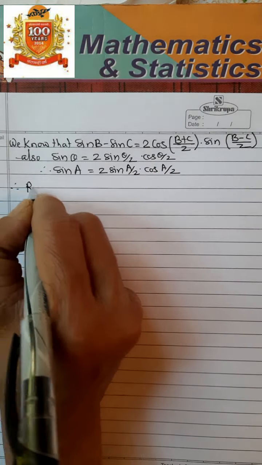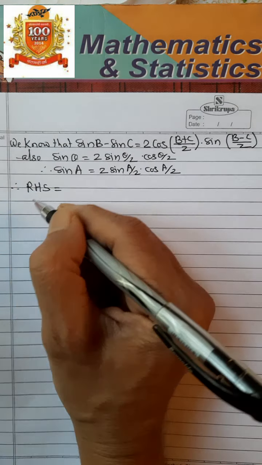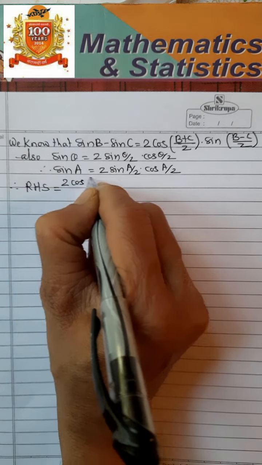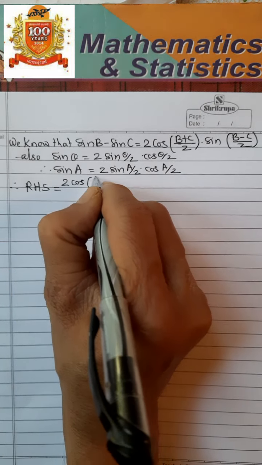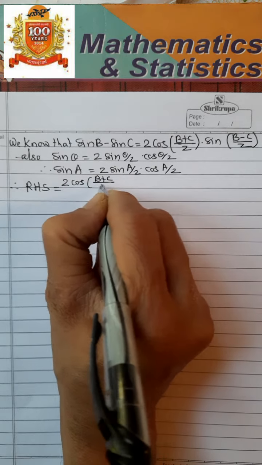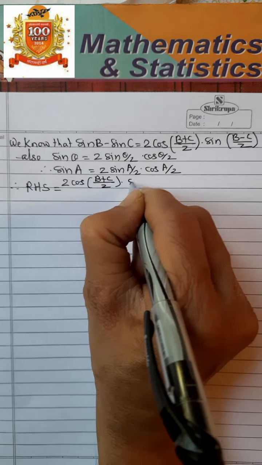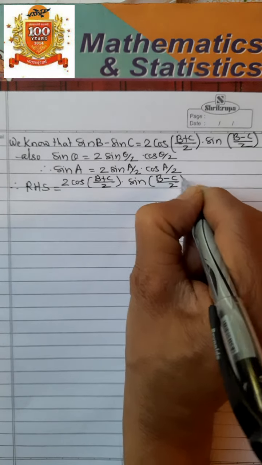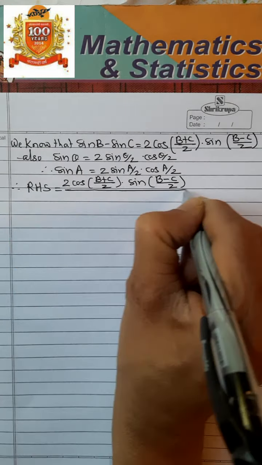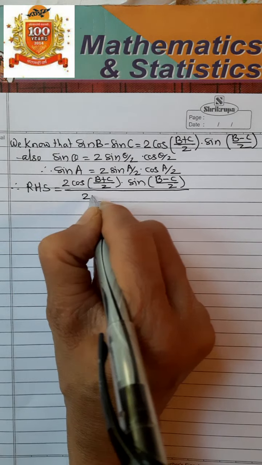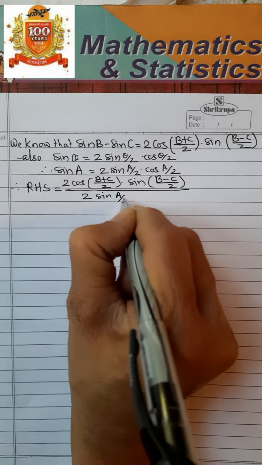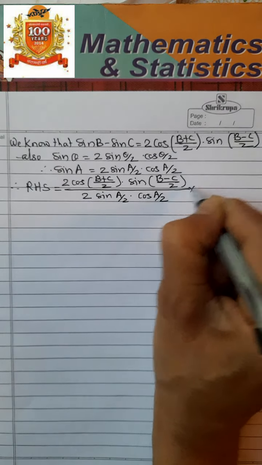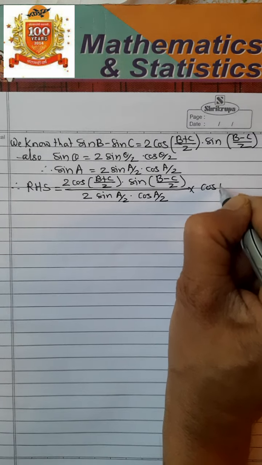Therefore RHS becomes RHS is equal to 2 cos of B plus C upon 2 into sin of B minus C upon 2, whole divided by 2 sin A upon 2 into cos A upon 2, into cos A upon 2.